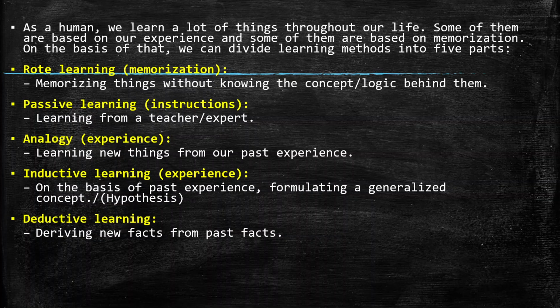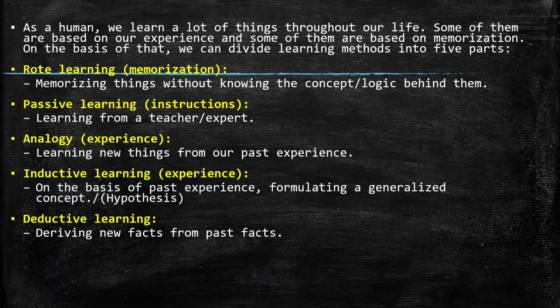So, there are 5 broad categories of learning. The first learning is rote learning, which is actually memorizing without knowing the concept or logic. That's what happens in many classes at the primary level. They may not understand the logic, but they will just memorize the things.